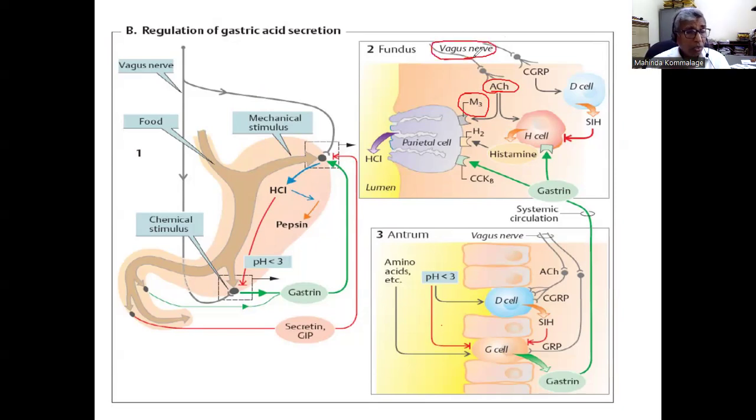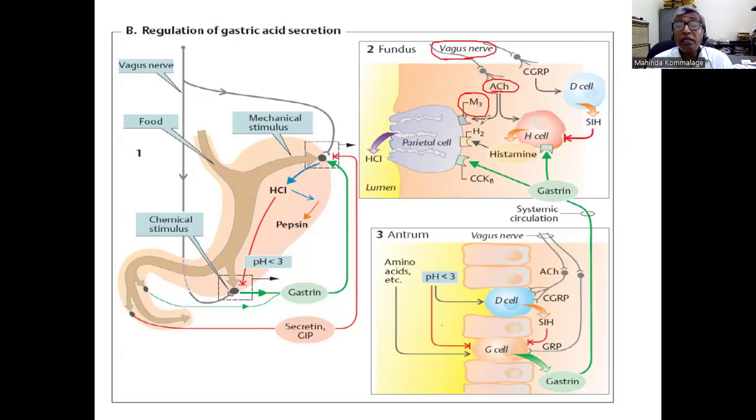So that is how vagal influence or cephalic influence both operate through the vagus nerve and increase the secretion of acid in the parietal cells.